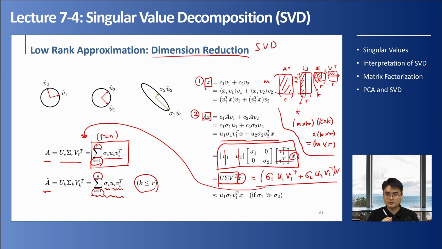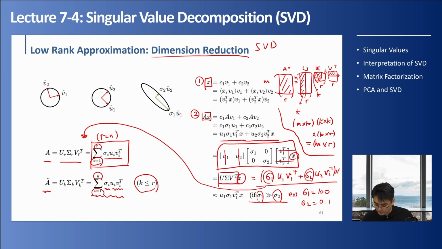One example for this is here. This was a two-dimensional example. We had sigma 1 and sigma 2 as our singular values. Let's suppose sigma 1 is much larger than sigma 2, for example sigma 1 was 100 and sigma 2 was 0.1.